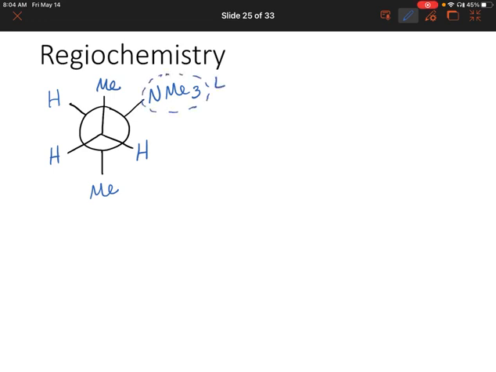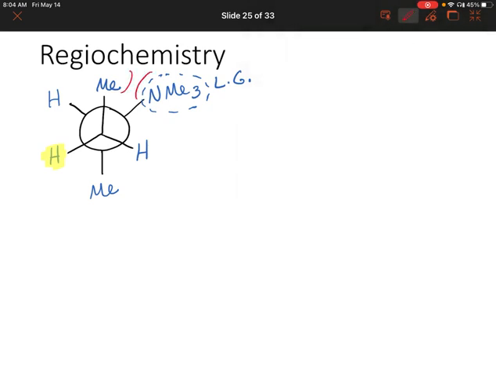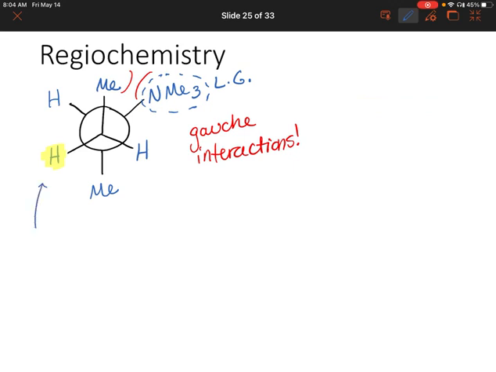So our leaving group is this nitrogen bonded to 3 methyl groups, and anticoplanar to that is this hydrogen here. However, notice that we have some gauche interactions there. And here I'll just write a note that that is our anticoplanar hydrogen.